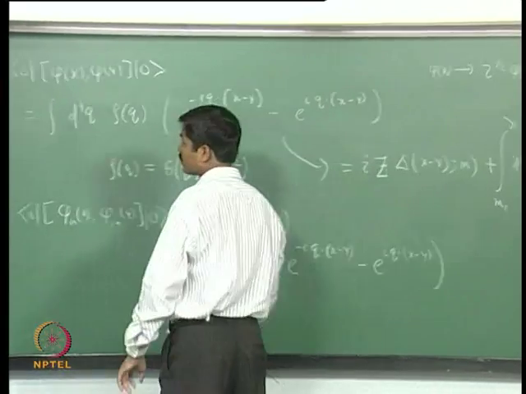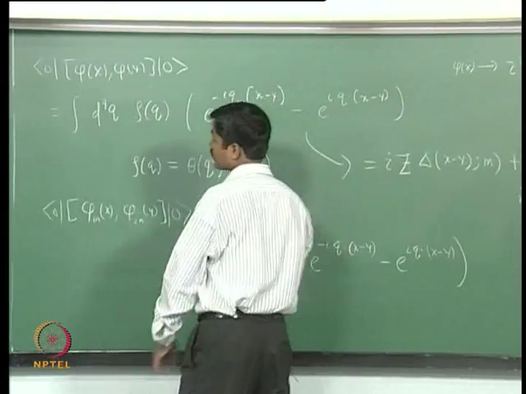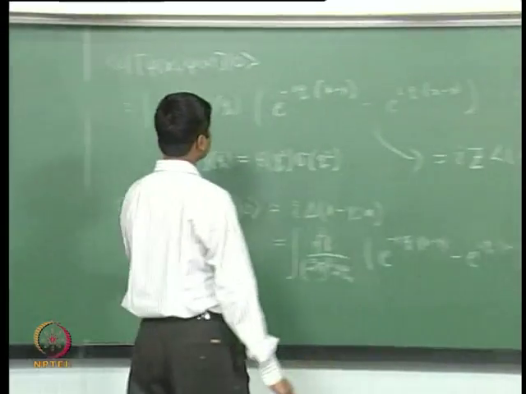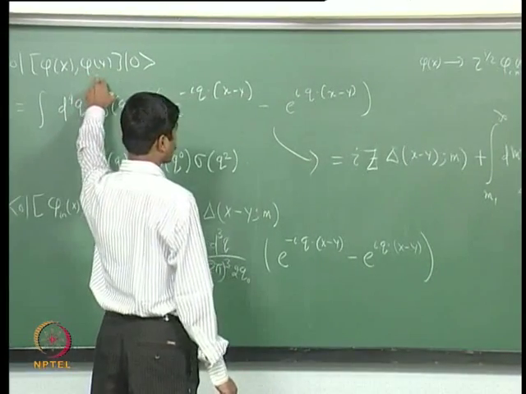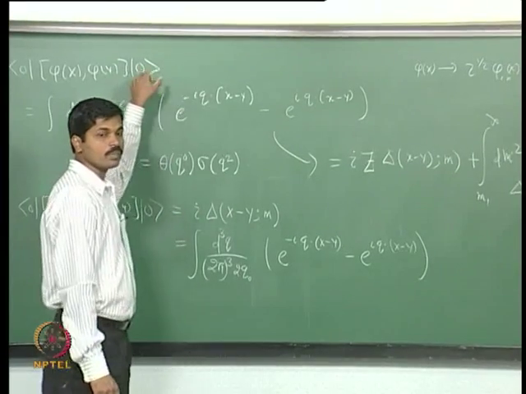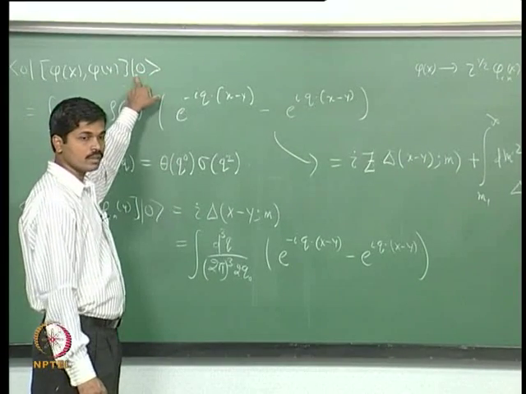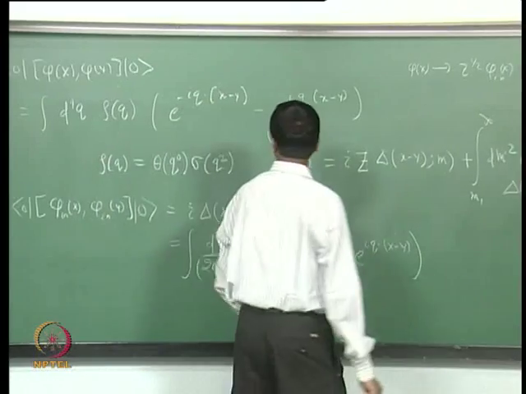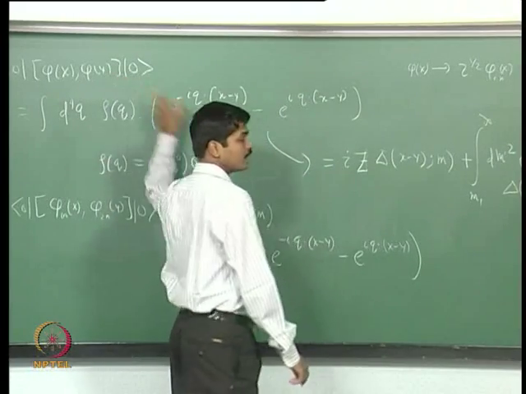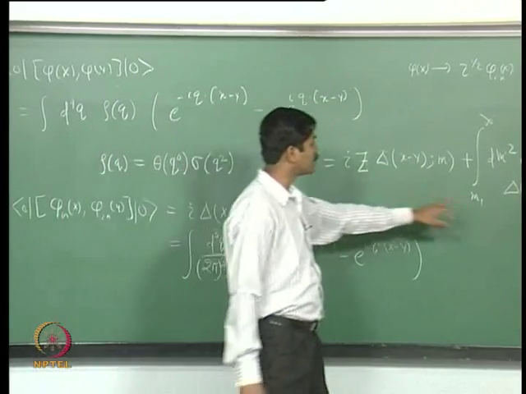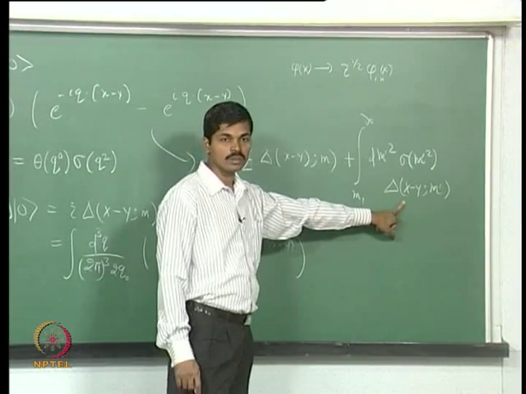All those things make sure that you get a delta function here. You can consider this term here, differentiate it again with respect to t, and then you will get a 3-dimensional delta x minus y in all these terms.